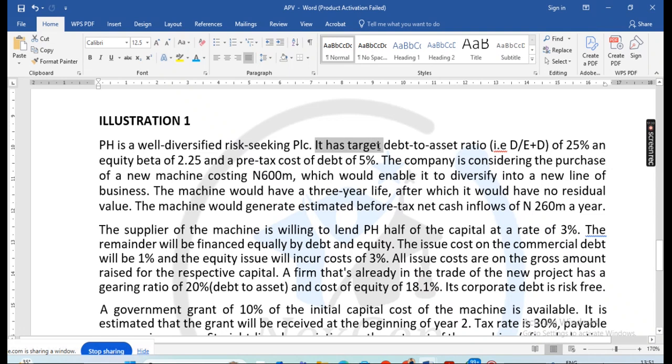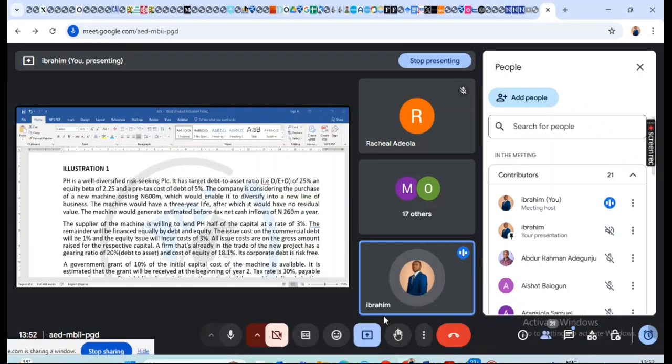It has a target debt to assets ratio, which is debt to equity plus debt, of 25%. Class, if you have a debt to asset ratio of this, debt divided by equity plus debt, how many percent is debt and how many percent is equity? Please unmute your mic.